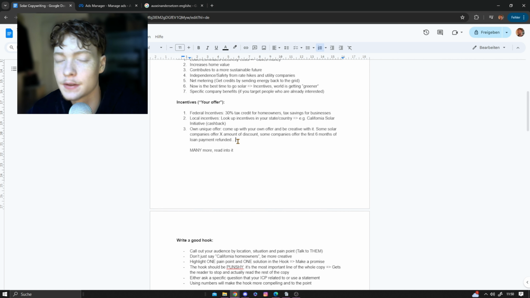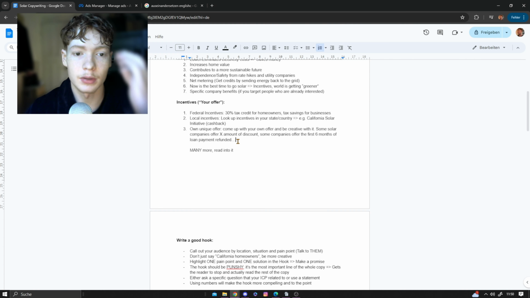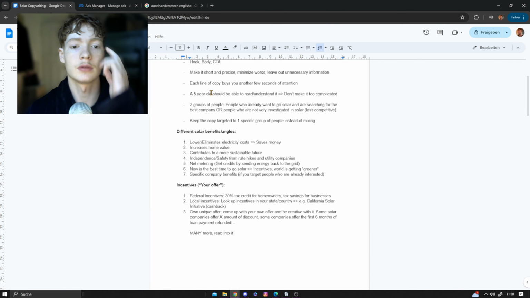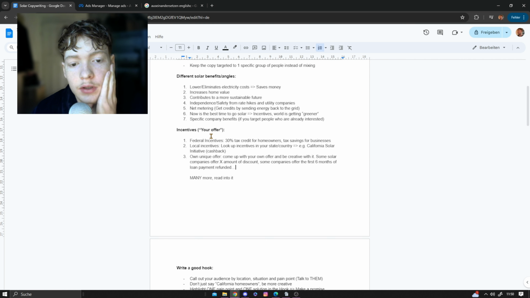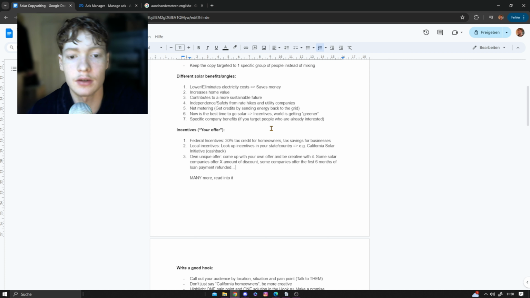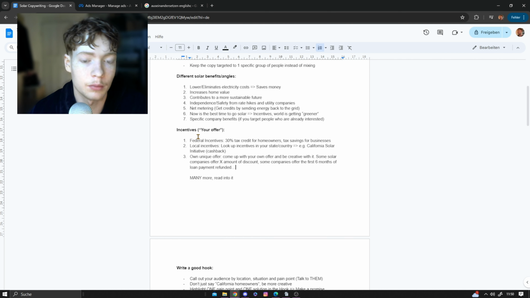There's also a very big key principle that I maybe should have written down here: especially for people who are new to solar, you shouldn't try to sell them on the solar installation and the end result yet. At this stage, when you write your copy, you want to sell them on booking the appointment and becoming a lead. So you don't say, if you go solar with my company, you will get this.